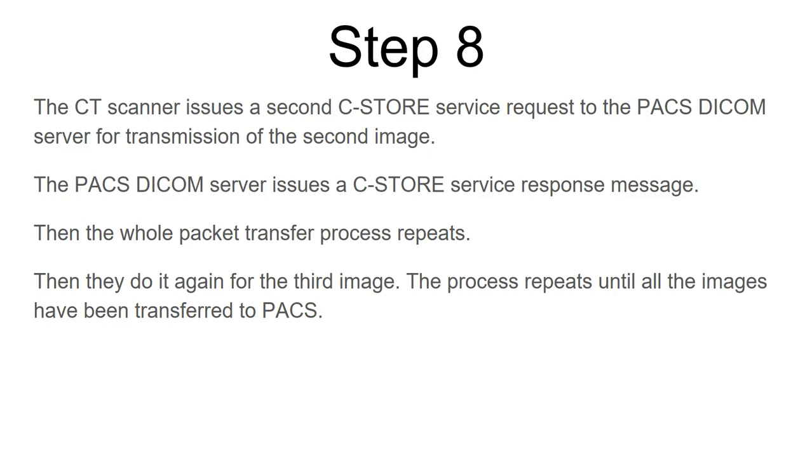CT scan of the abdomen, 300 images. There's going to be 300 CStore service requests from the CT scanner to the PACS because every image gets its own CStore service request. The PACS DICOM server issues a CStore service response message, and then that whole packet transfer process repeats. Then they do it again for the third image. And the process repeats until all the images have been transferred to PACS.